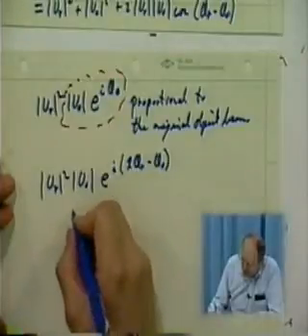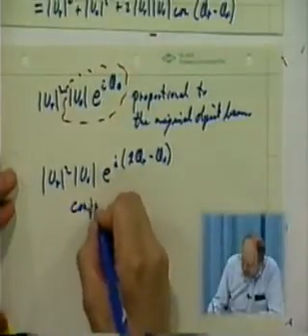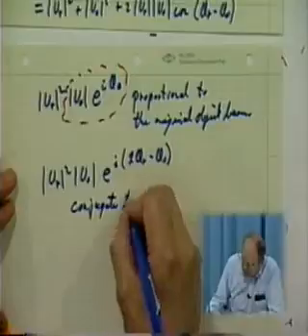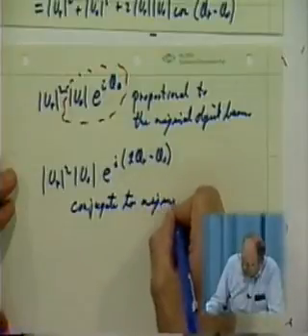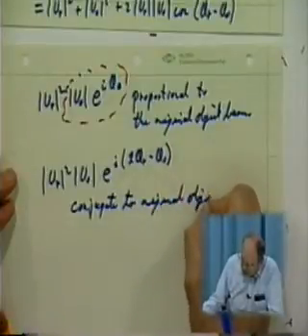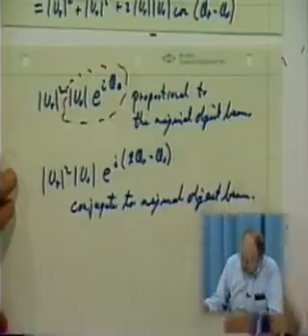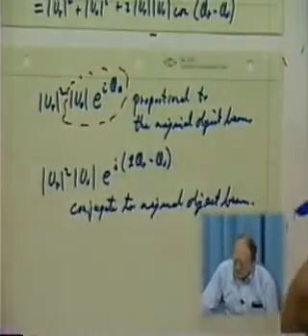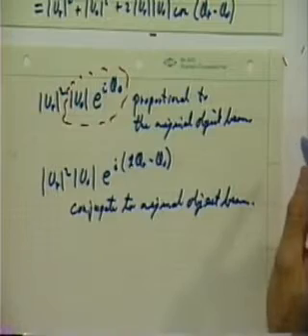So this is conjugate to the original object beam. Okay? That's kind of interesting too.